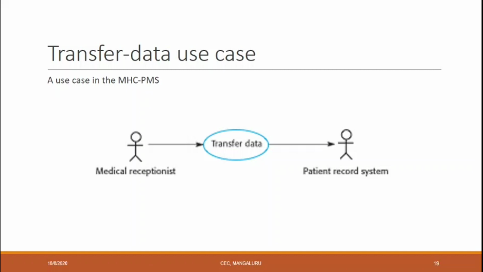Here, the use case of the mental health care patient management system represents uploading the data. That is, uploading the data from the mental health care management system to a more general patient record system. So it is updating the record of the individual to the whole system as a tool.